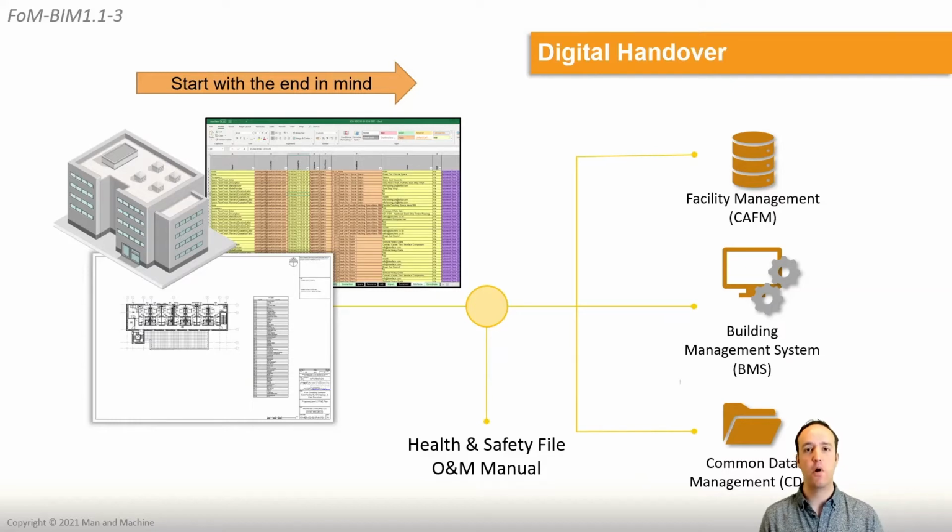What we're trying to do is modernize that and make it easier so that that information, if it's digital, can go straight into a facilities management CAFM system. It can go straight into a building management BMS system, for example. And that's the idea of this. That's why this process is being put in place and modernized to make everything a little bit easier.